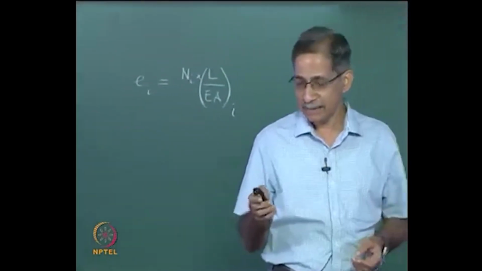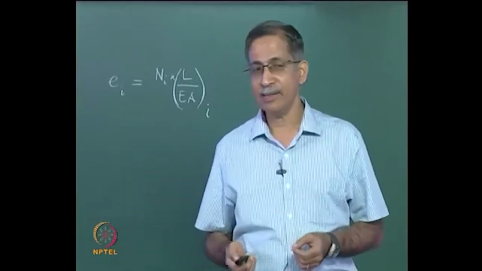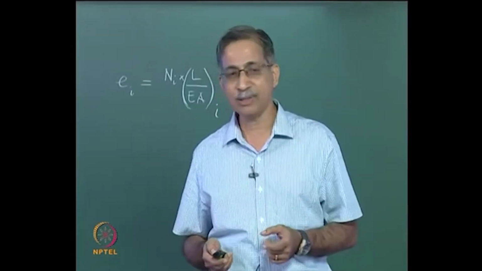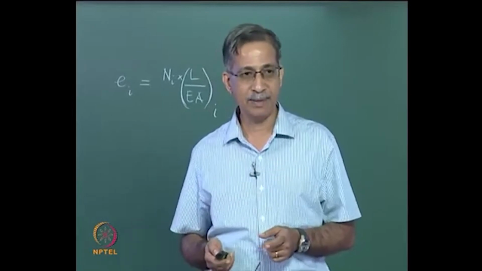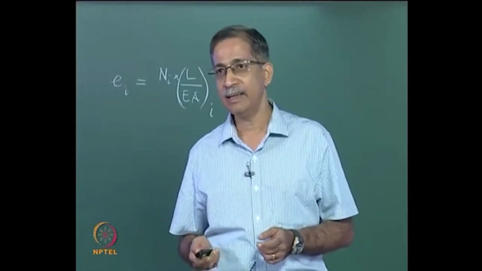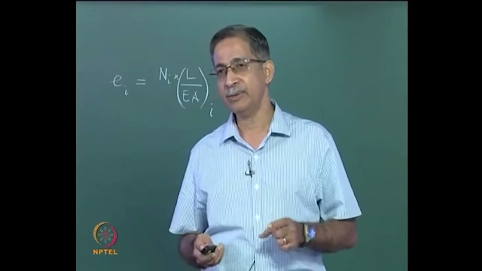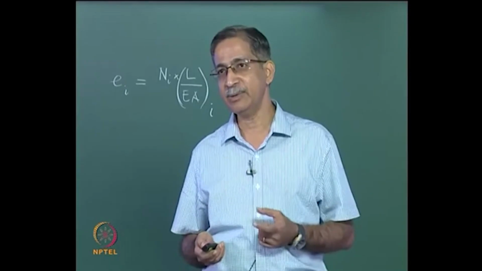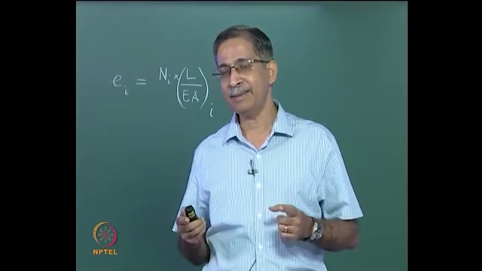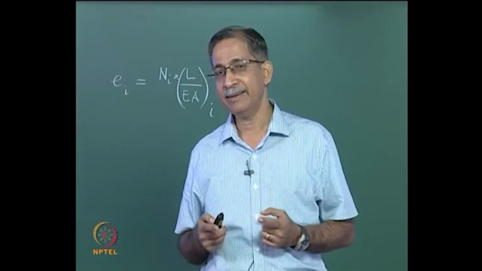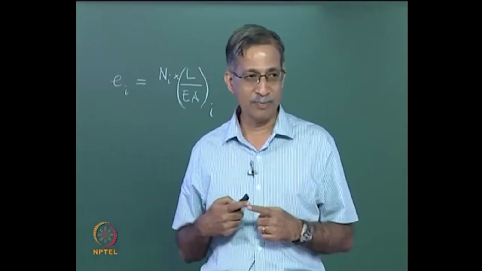So we can do that, and once you have got the bar elongation, actually you can locate the displaced position of the joint B. You can do it geometrically. I have shown a picture here where AB has reduced in length and BC has reduced in length, but if they were to be the way it is shown in this picture, then they do not meet, but we need to make them join.